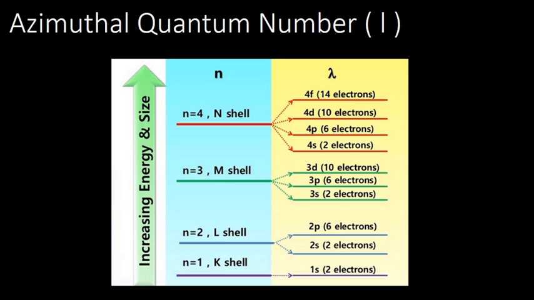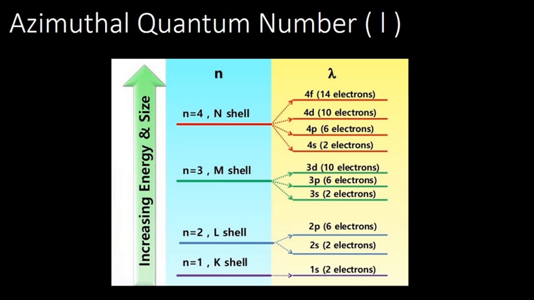Now when we take N is equal to 3, L can have values 0, 1 and 2. S, P and D orbitals. So S has 2 electrons, P has 6, D has 10. So a total of 18 electrons can be accommodated. Now for N equal to 4, there are 4 L values.